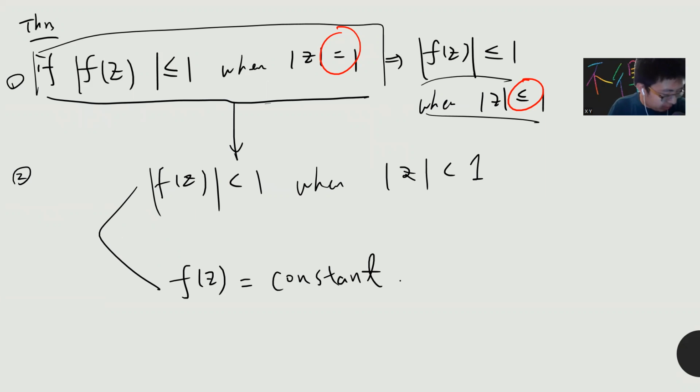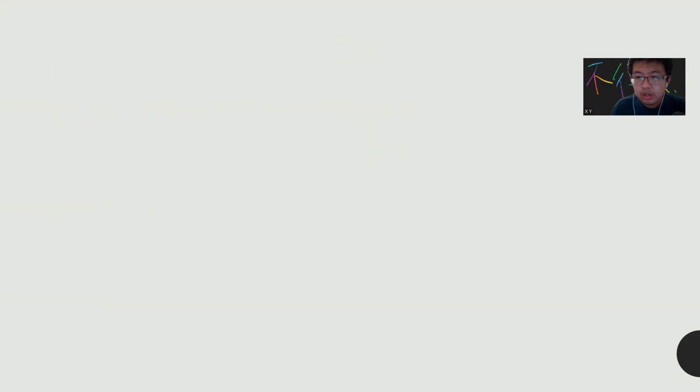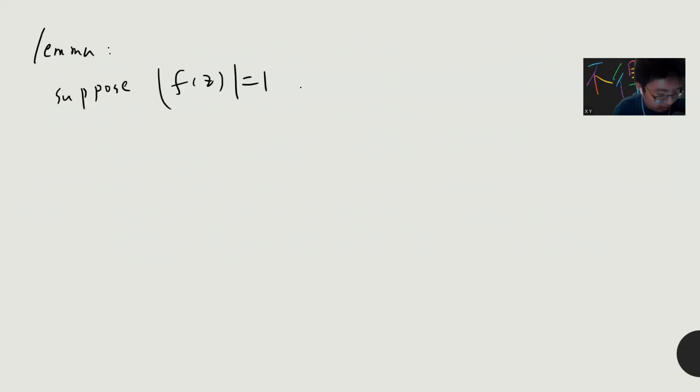Once we have this, we can go to the Schwarz lemma. There's another lemma: suppose |f(z)| is 1 when |z| equals 1, so f of z's modulus on the boundary is exactly 1.